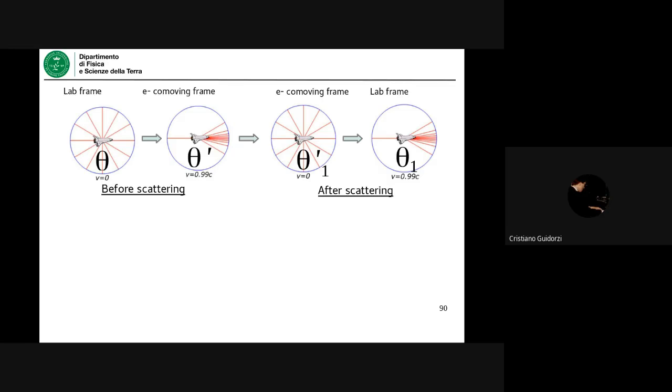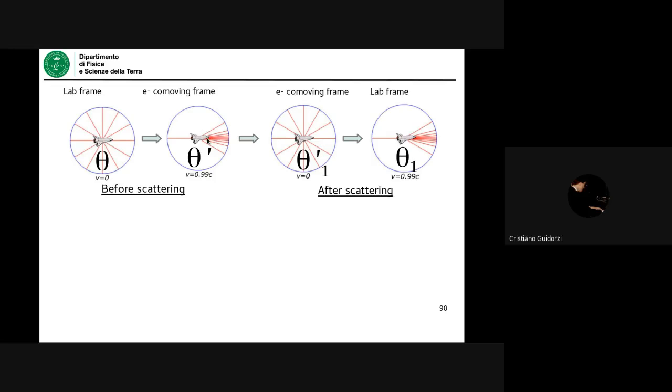But now let's stay within the comoving frame and let's see what happens across the scattering. You see all these photons coming to the electron this way, but now it's a matter of applying Thomson scattering. Thomson scattering tells you, remember the peanut-shaped differential cross-section, within a factor of 2, they will be scattered in any possible direction with equal probability.